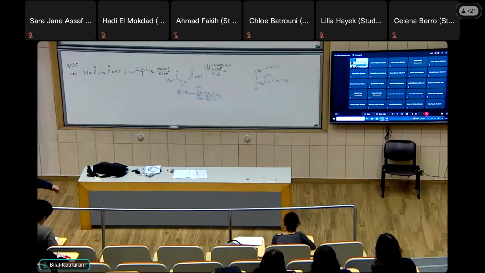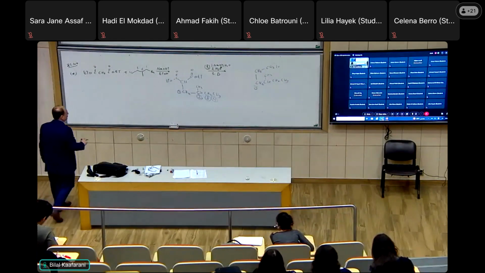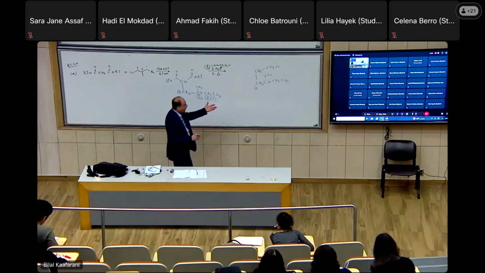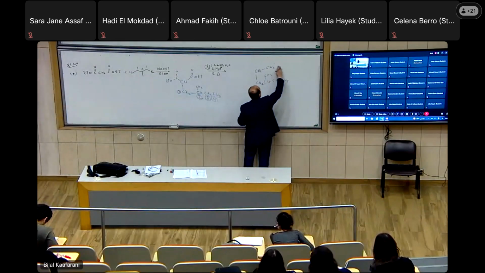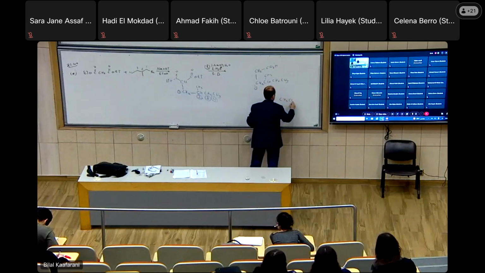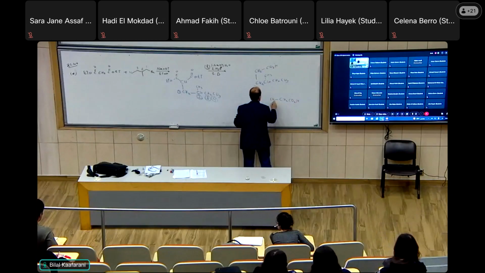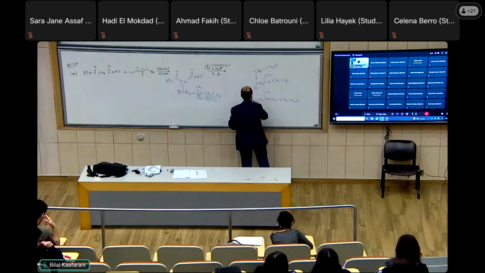So that will be my final product. Fix the CO2H. So you draw it the correct way: CH2, CO2H, the carboxylic acid, CH2, CH, CH3, CH2, CH3.